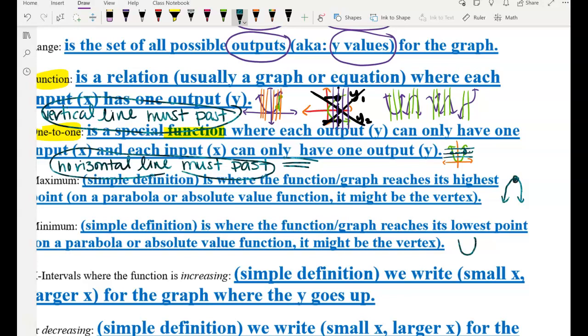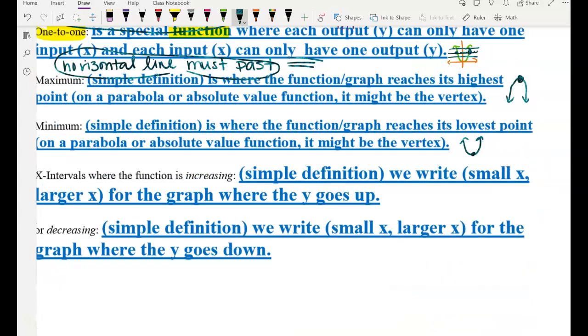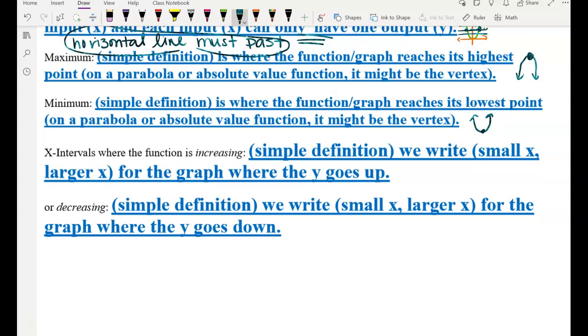But if we have a right side up parabola, then that would be a minimum, which is the next definition. A minimum is where we have the lowest point, okay? So again, for a V-shaped graph, it can be a vertex, depending on if it's upside down or right side up, okay?